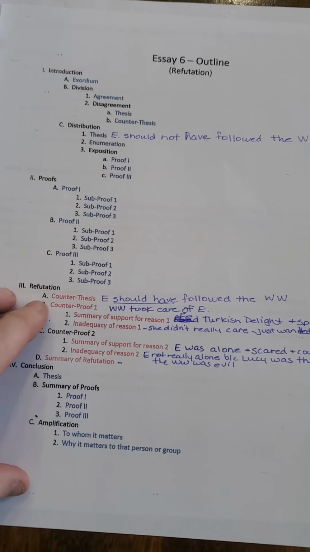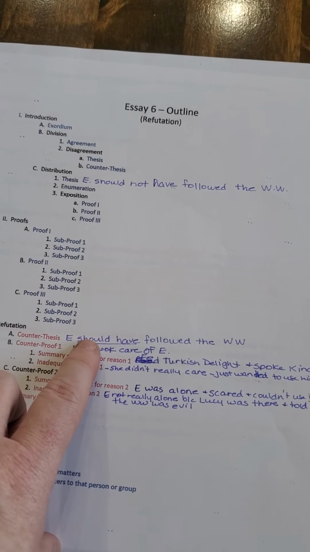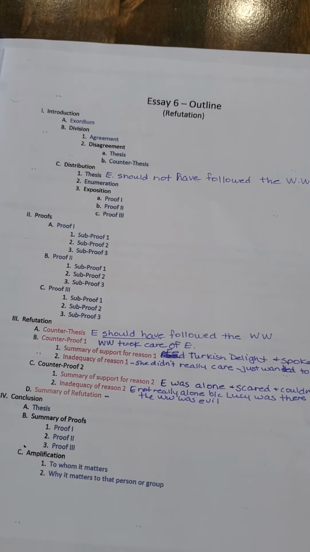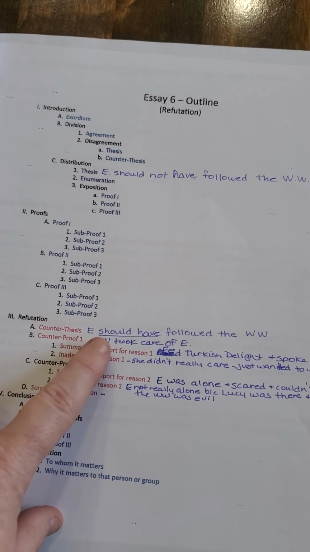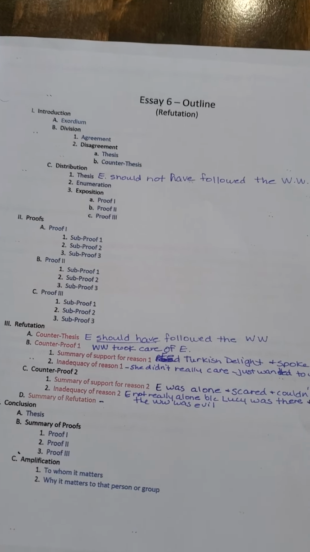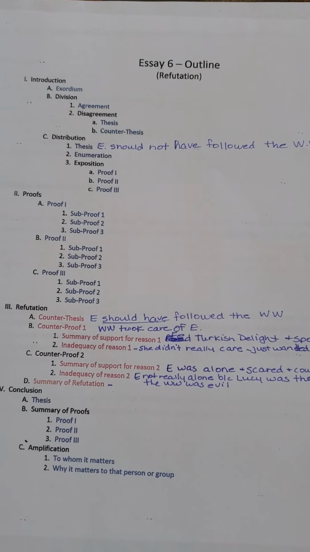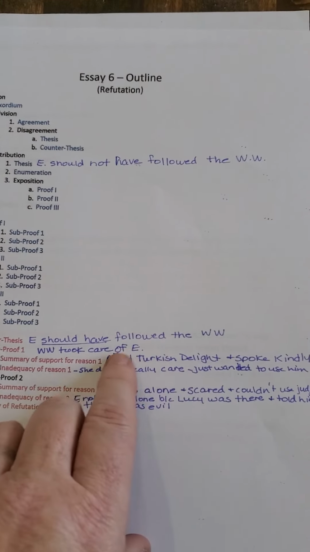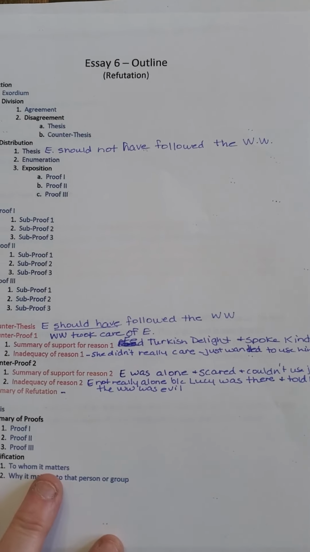So when you get down to this refutation section, your counter thesis is that Edmund should have followed the White Witch. Then you have your counter proof. Your first counter proof, the main reason why Edmund should follow, was that the White Witch took care of Edmund. And then you've got your summary of support that she fed Edmund Turkish delights and she spoke kindly to him.